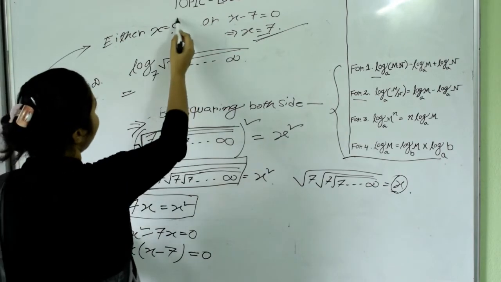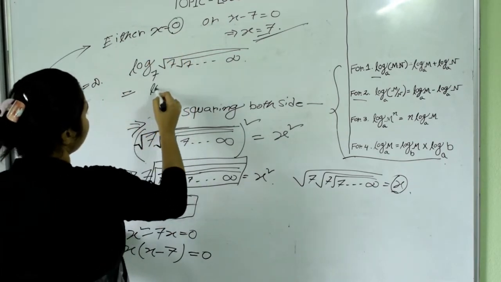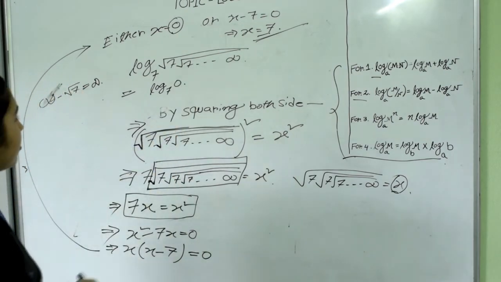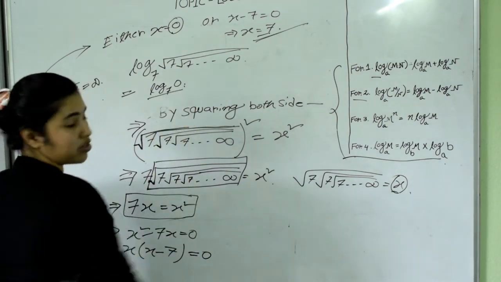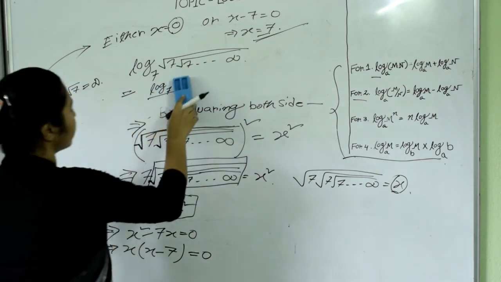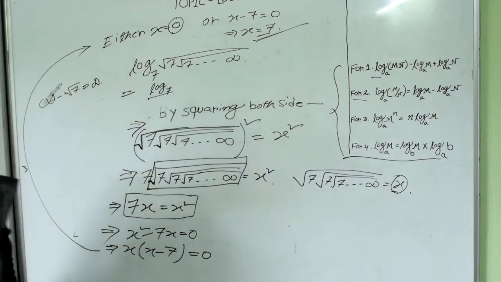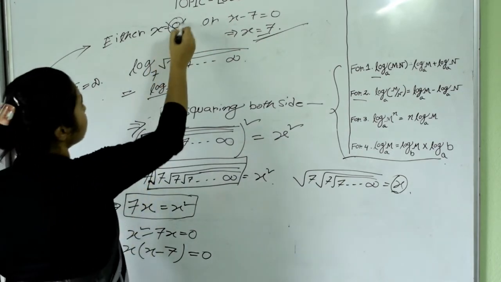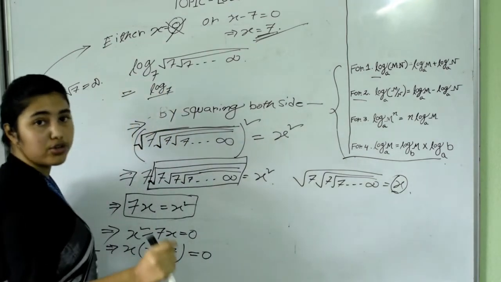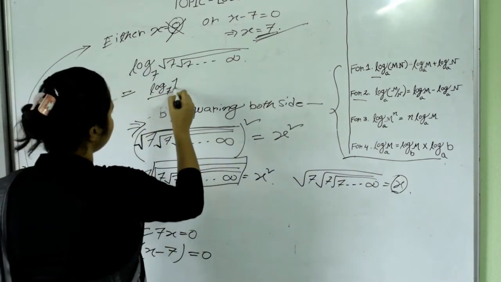Now if we take the value 0, we will get log 7 of 0. But we know that log 0 does not exist. That's why we can't take 0. We have to take only this value, which is x equals 7.